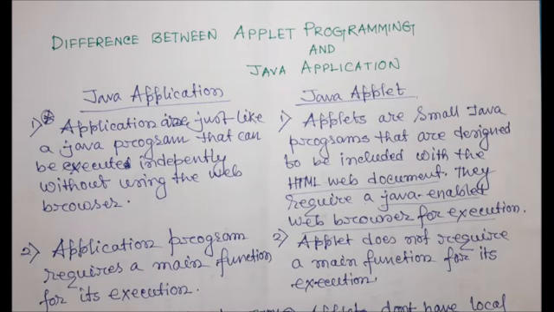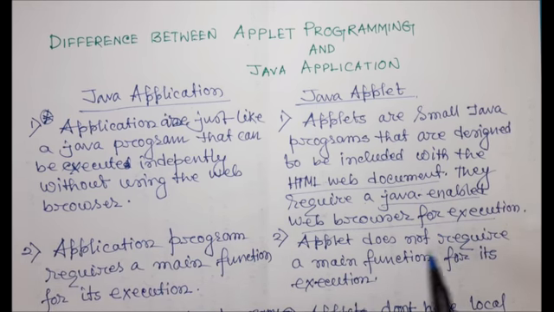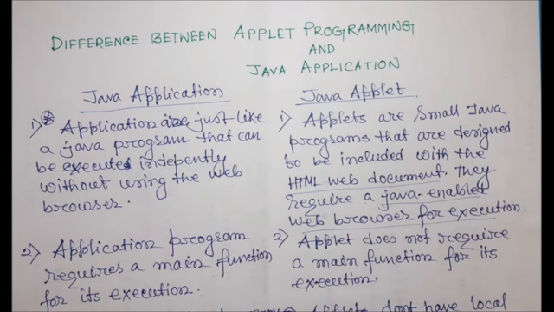And if I think deeply, in our Java programs we have seen that whenever we write a Java program we use a main method, but in case of applet we have not seen any main method, we have seen the init method. So an application program requires a main function for its execution, but an applet does not require any main function. We already discussed the life cycle of applet: first init, start, then we can use the paint method, then stop, then destroy.